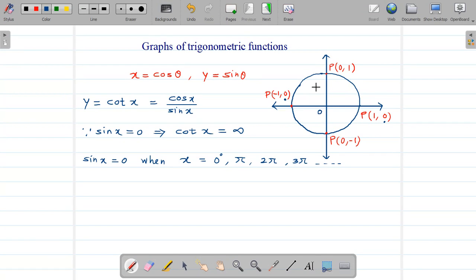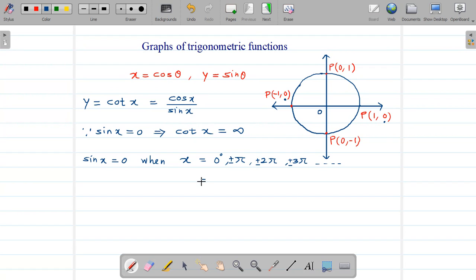So minus pi, minus 2 pi, minus 3 pi. So what are all the possible angles? First 0 degrees, then plus or minus pi, plus or minus 2 pi, plus or minus 3 pi. All these are angles where sin x is equal to 0.